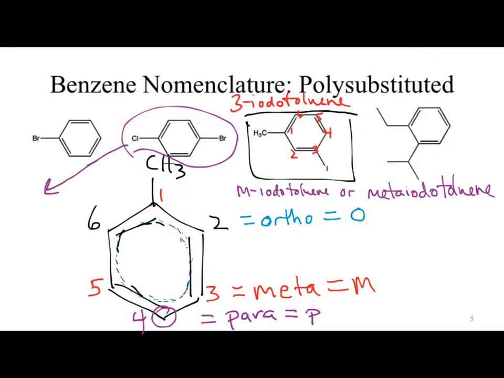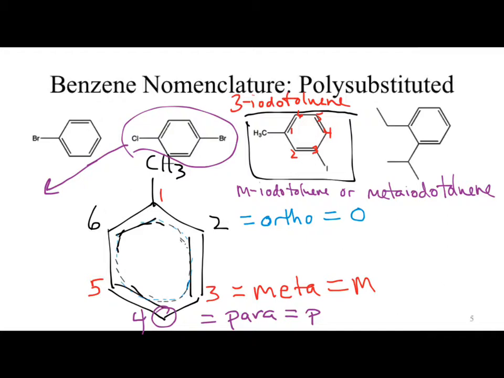How would we name that? Para. Those are para. So we could call that one bromine, which we said was our higher priority. So it's bromobenzene, but the chlorine is also attached. Where's the chlorine attached? Para-chlorobromobenzene. Okay. All it is is a different nomenclature system to refer to those positions.